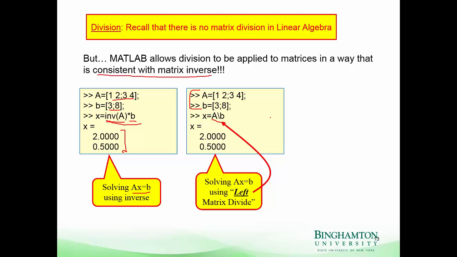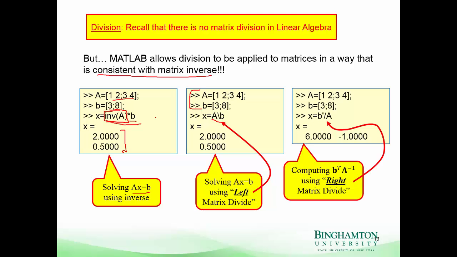But that symbol is used to mean left divide. And think about it, this is really kind of what we're doing. We're computing the inverse of A and multiplying it from the left, which is different than if we did it from the right. And so we need to make a distinction between left and right matrix divide. So left matrix divide just basically solves that problem.